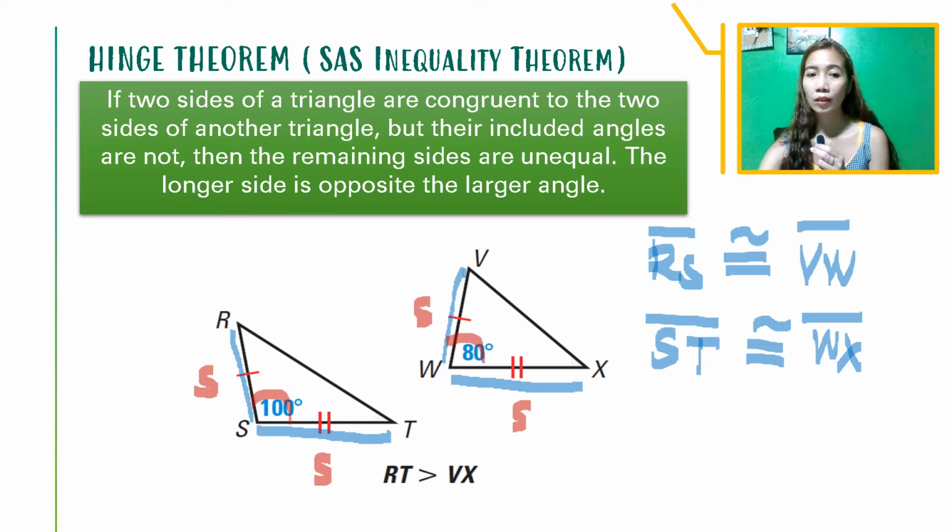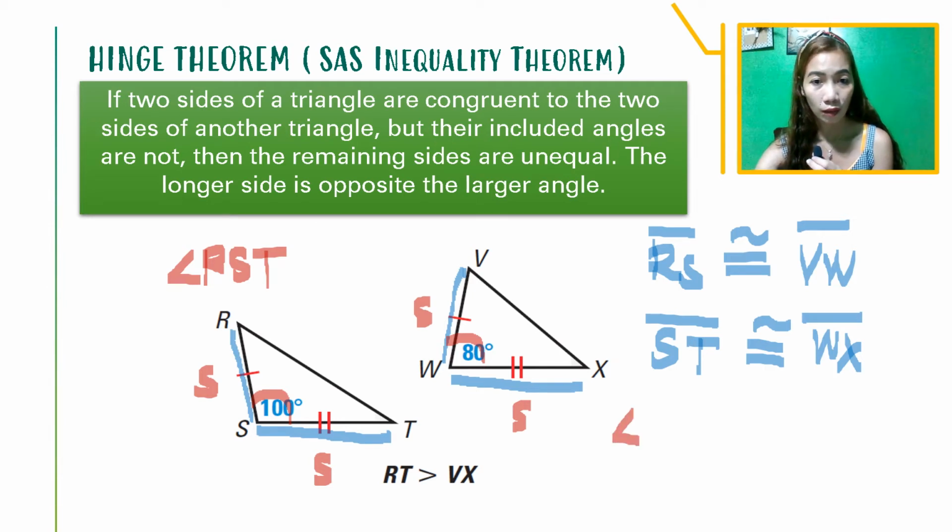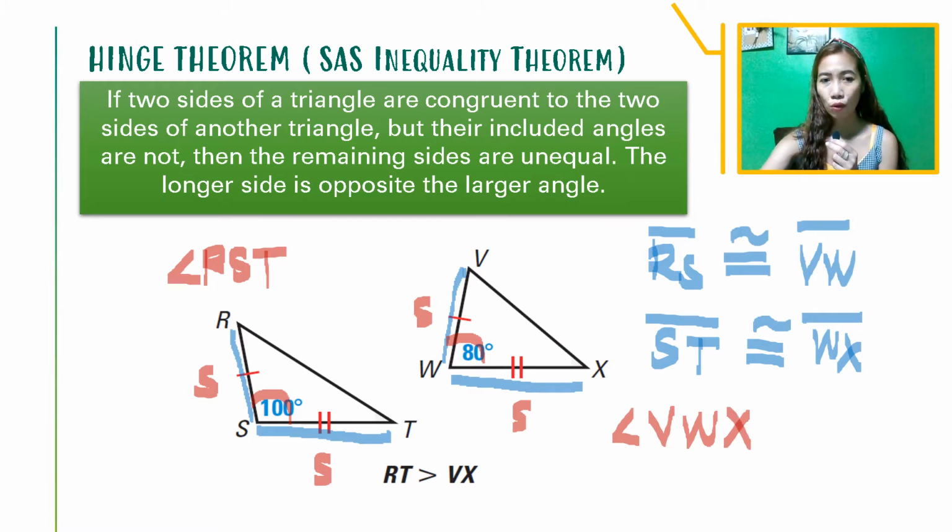So yun ang ating included angle. For this triangle, that is angle RST. That is the included angle. And for this one, that is angle VWX. So you have to compare.